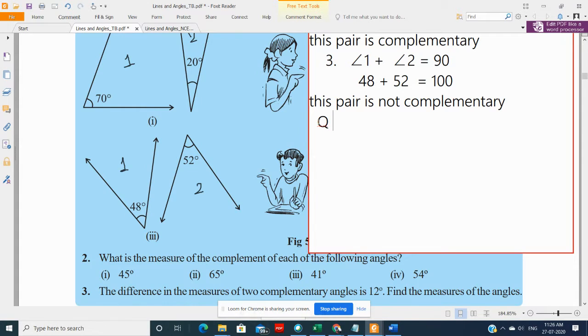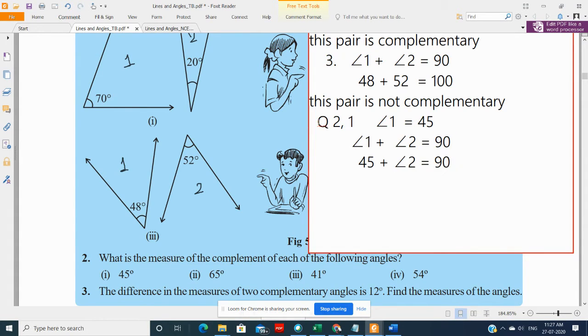In question 2, first we will solve, let's say the given angle is 45. So we will write that angle 1 is 45 and angle 2 we need to find out. Again we are finding the complementary angle, so we write angle 1 plus angle 2 is equal to 90. Angle 1 is 45, which is already given, plus angle 2.